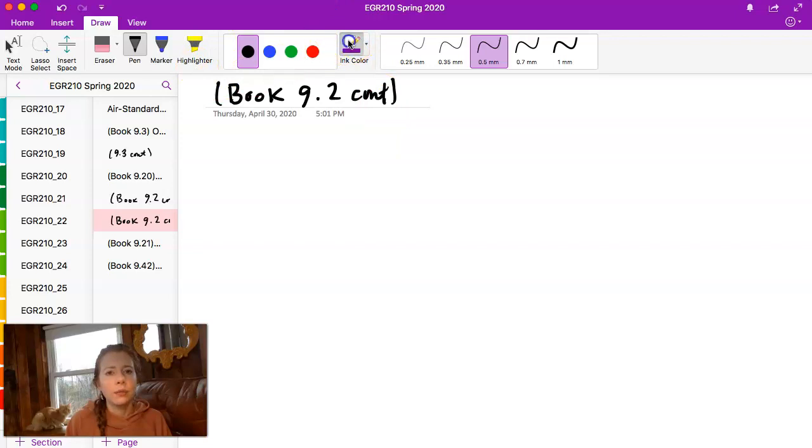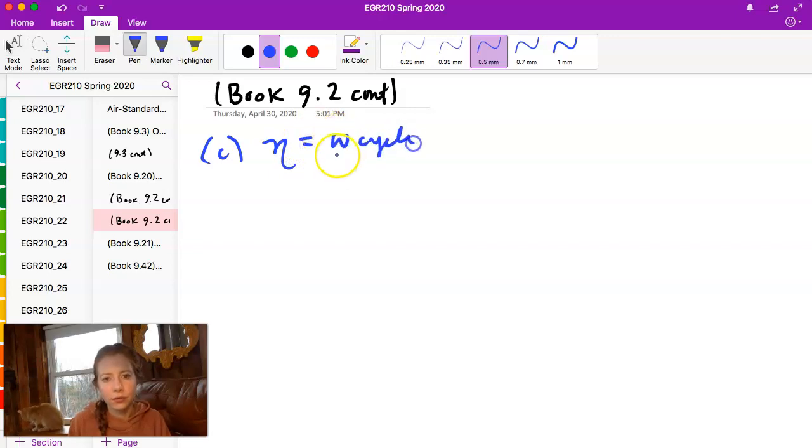Okay, so for the next one, C, we're looking for the efficiency. So eta is going to be W cycle divided by Q23. So for this, since we weren't given a total volume or anything where we could find the mass, I'm just using the specific work, W cycle on a mass basis over Q on a mass basis.